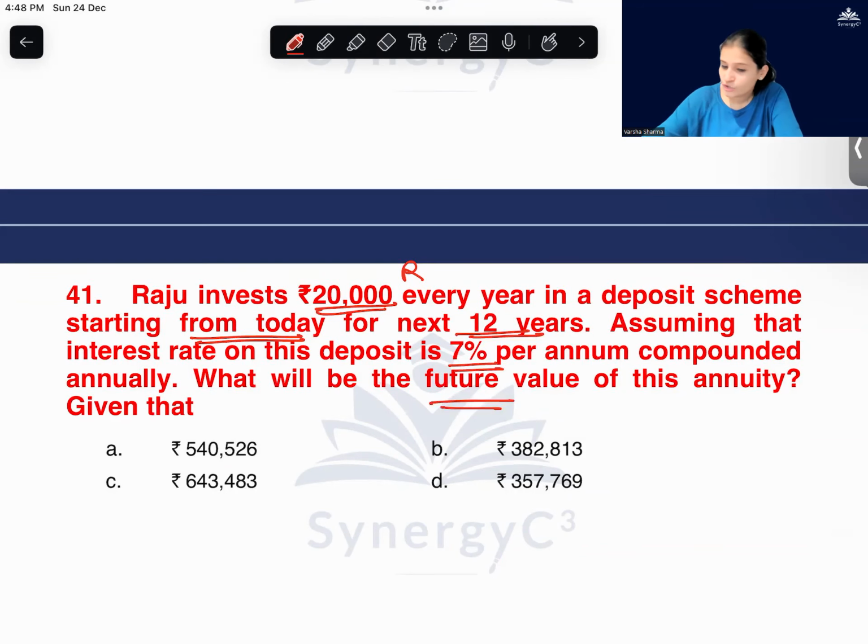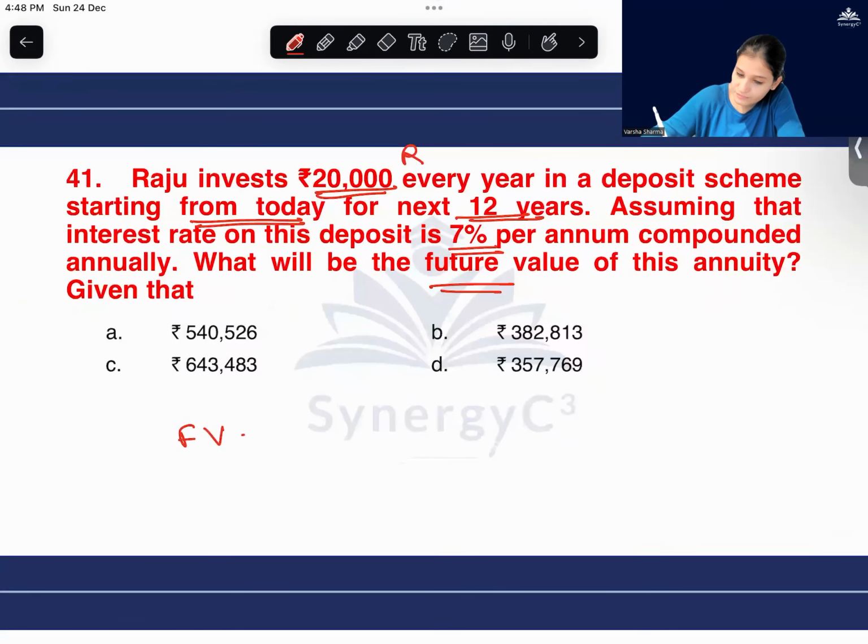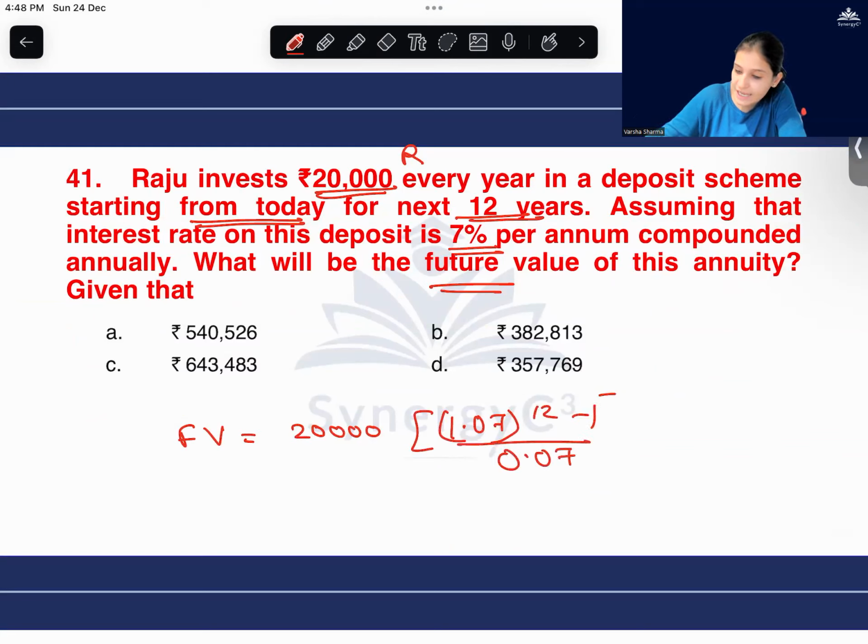Directly they've said future value, so the annuity due formula. R, compounding value 1.07 power 12 minus 1 upon i. And because of annuity due, there is one extra factor 1 plus i. So 1.07 will be multiplied at the end.